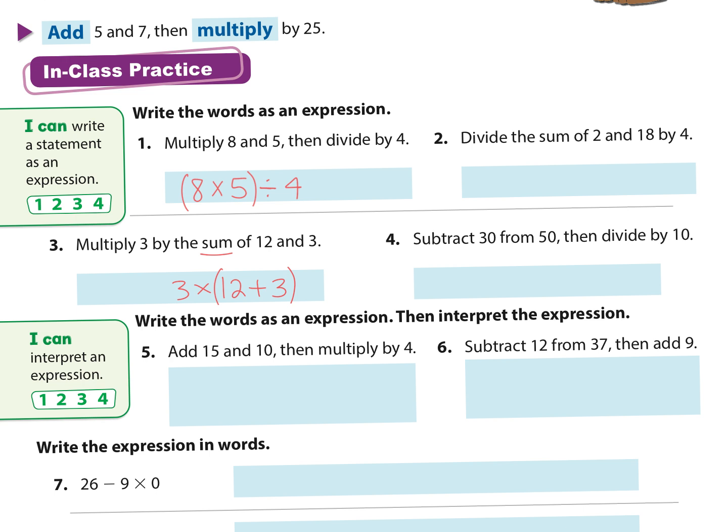Caden, what do you think? Well, I see add, I see multiply, and I see then. Oh, so you're going to put parentheses around 15 and 10, and then add them together and multiply by 4. Yeah, exactly. So I would do 15 plus 10 in parentheses, and then multiply by 4.